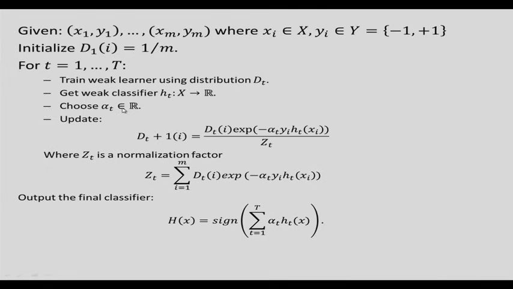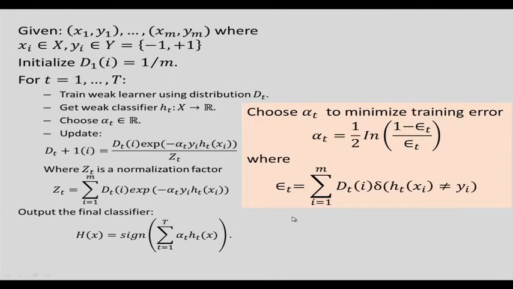We find alpha t. I will show you how alpha t is computed, and based on that the new probability distribution dt plus 1 i is computed, and Zt is the normalization factor, to make sure that the sum of this is equal to 1. The final classifier is taken as a vote of the different hts weighted by alpha t.